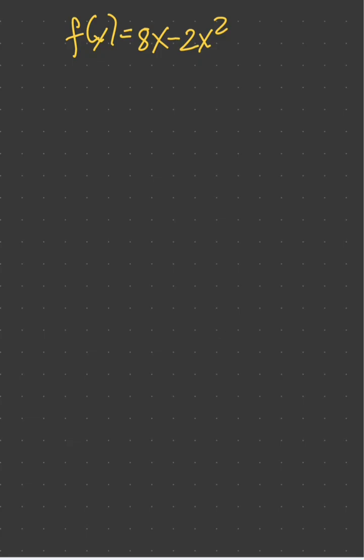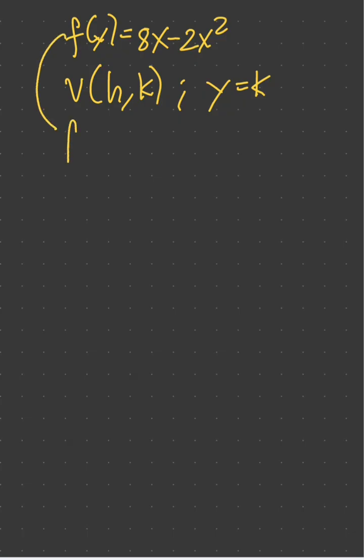So we rewrite the equation as f of x equals negative 2x squared plus 8x, or we don't need to do the completing the square.